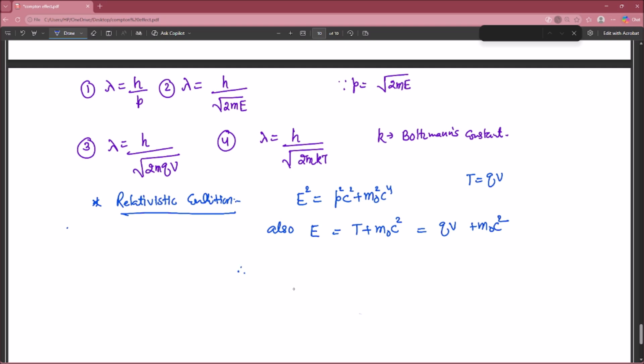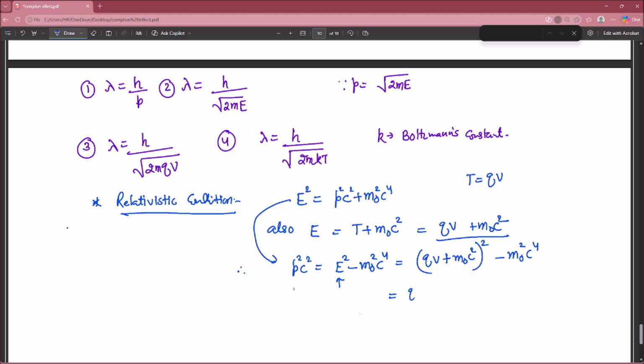Therefore, we have from this equation p square c square is equal to E square minus m naught square c to the power 4, and in place of E we will write (qV plus m naught c square) whole square minus m naught square c to the power 4.